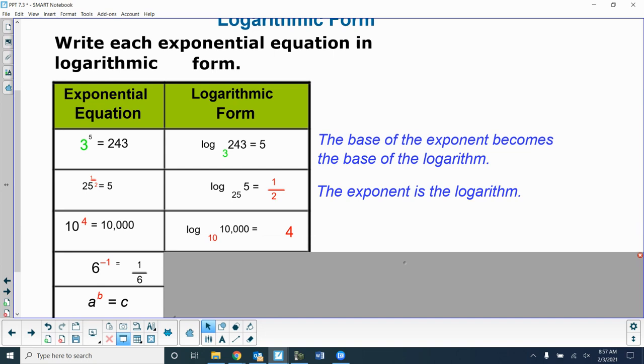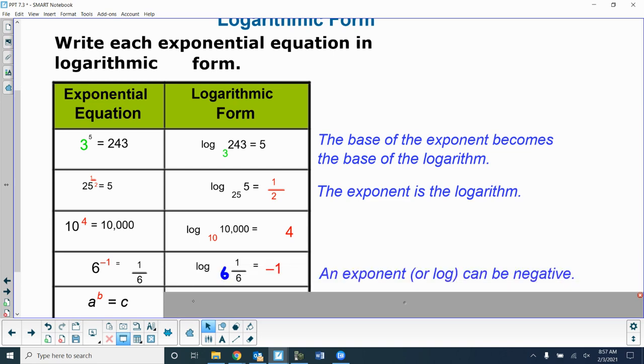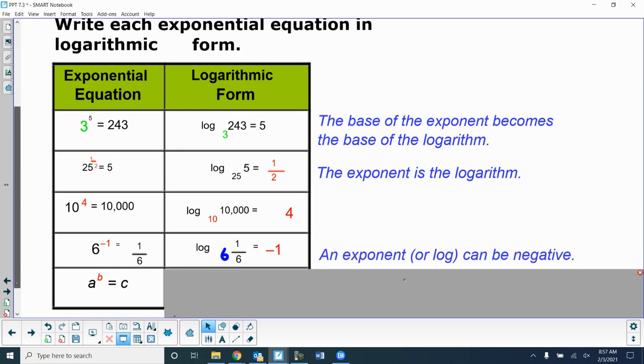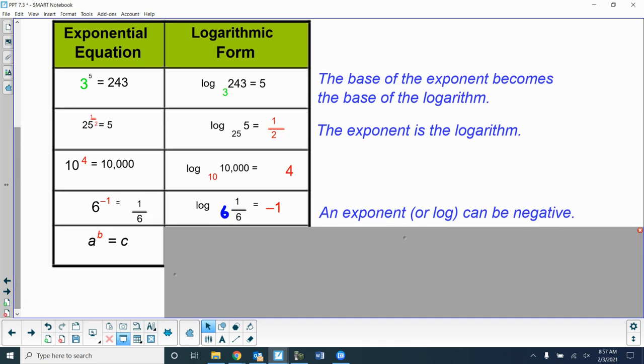Sydney, log base 6 of 1/6 equals -1. Good. Zach, log base A of C equals B. Right, so the way we say it, log base A of C equals B.